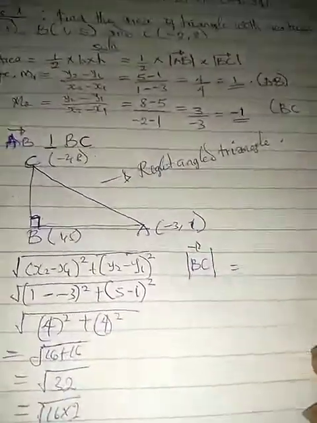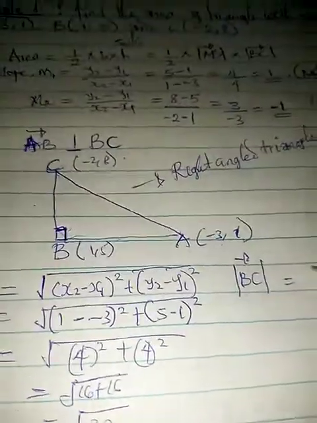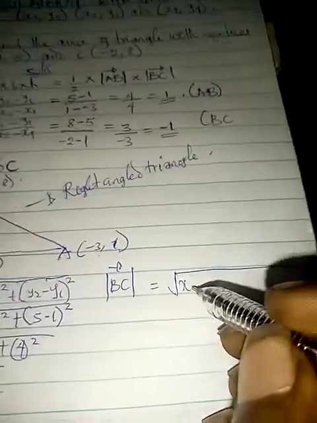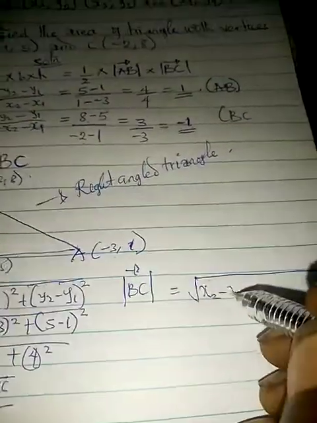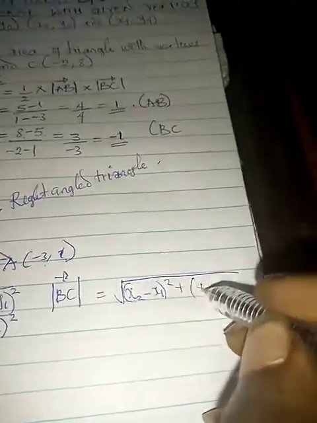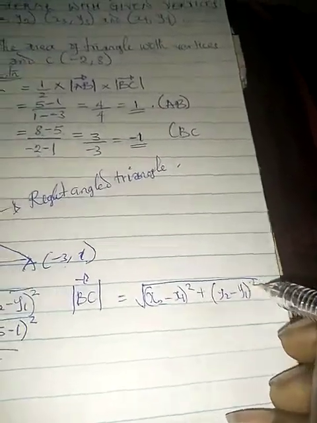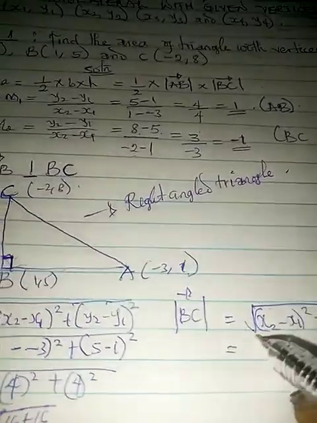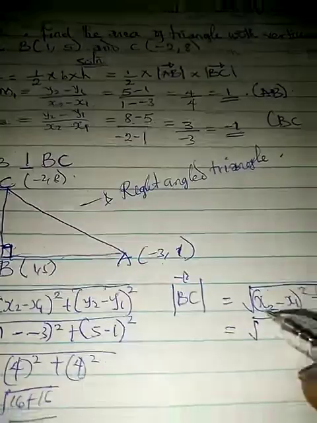So square root of x2 minus x1 all square plus y2 minus y1 all square equals the square root of, what is x2?